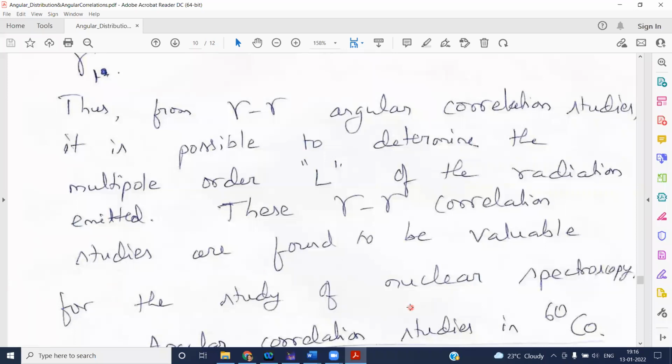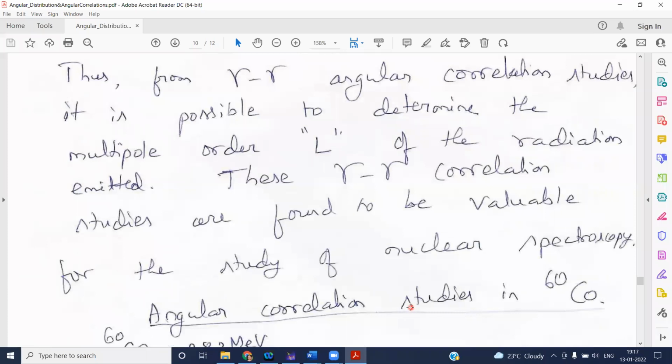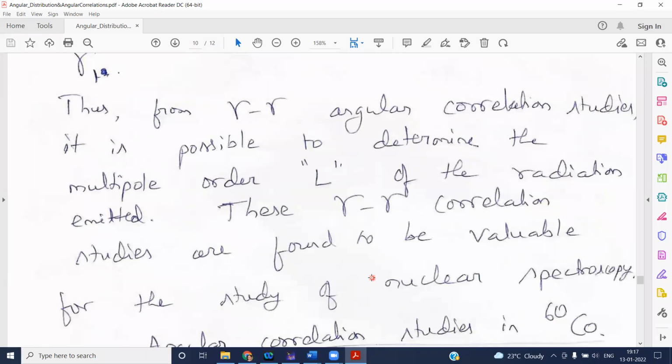I will stop with this and tell you about angular correlation studies in the cobalt-60 experiment in the next class. That is an experimental study of the L value, angular correlation, using our known knowledge of theory. So I will stop here, stop sharing.